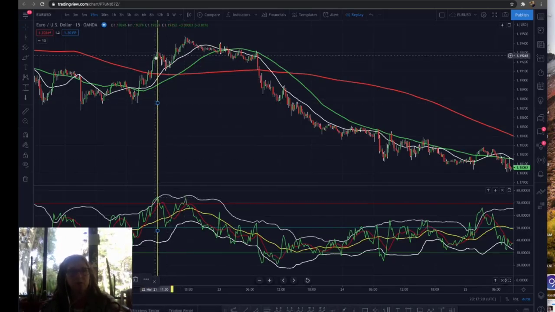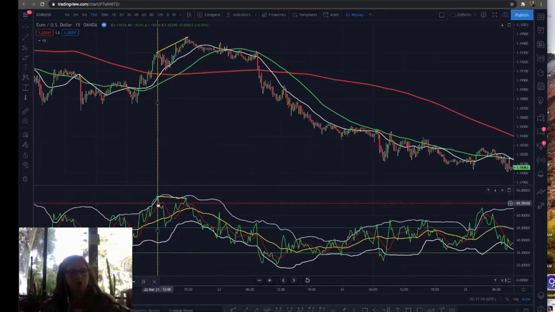So divergence is basically here we have a higher high in price, and here in the RSI we have a lower low in the RSI, or I'm sorry, a higher low in the RSI. So all 3 things are there. We are at 70 or above. We are out of the band making the pattern, and we also have divergence.